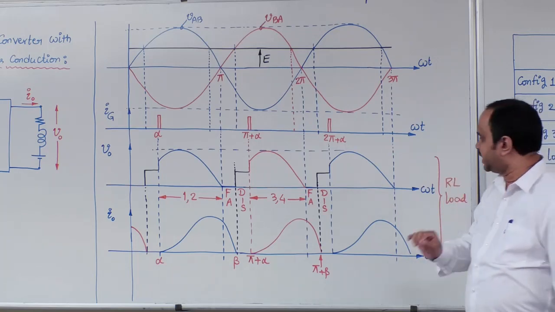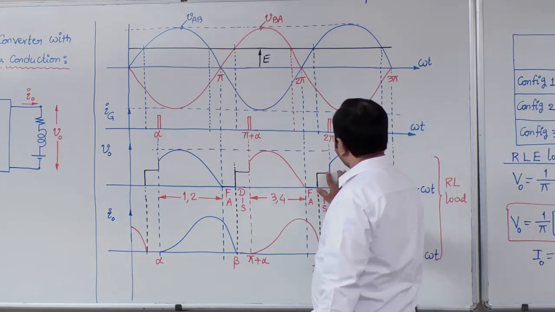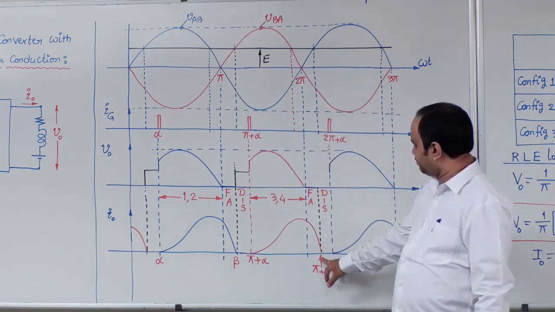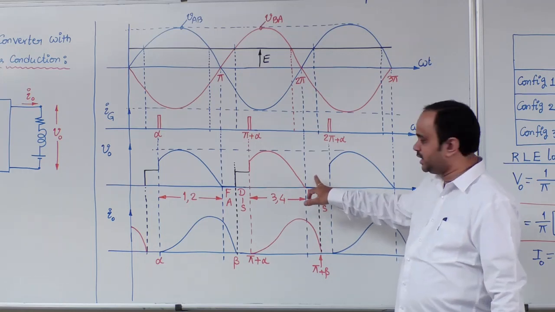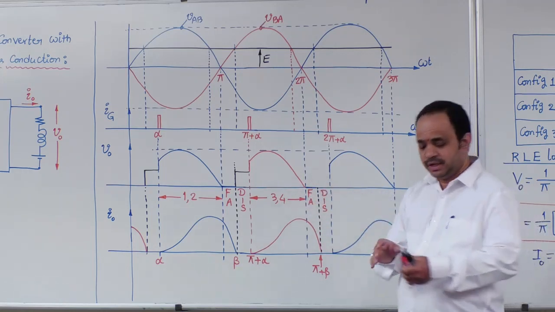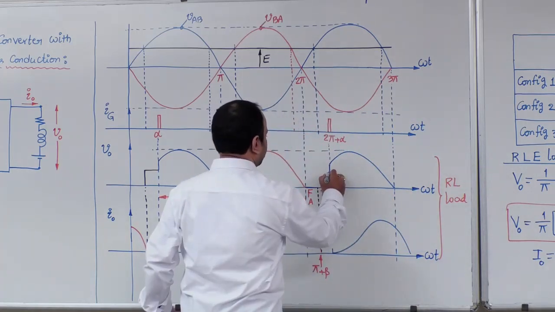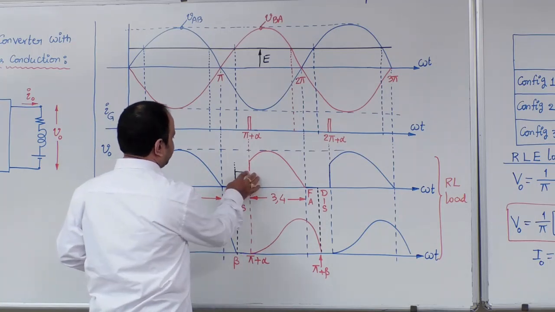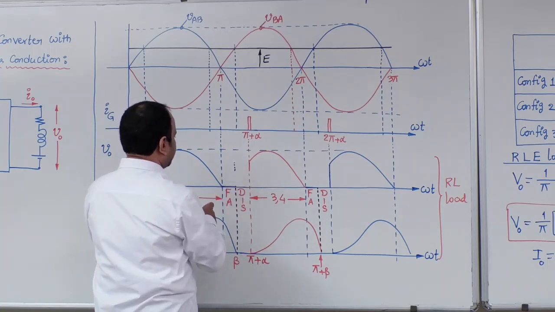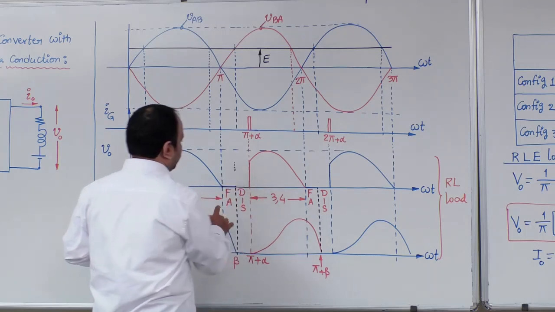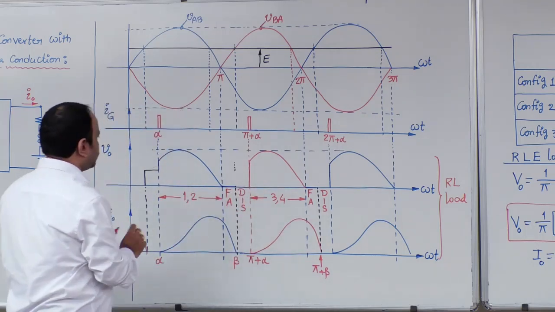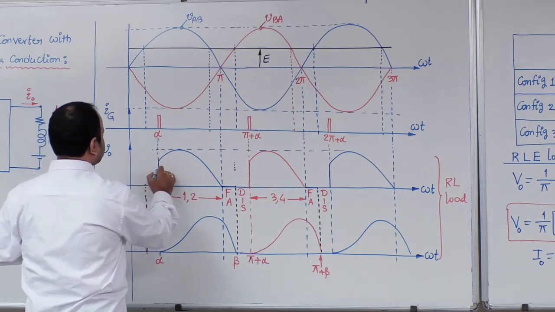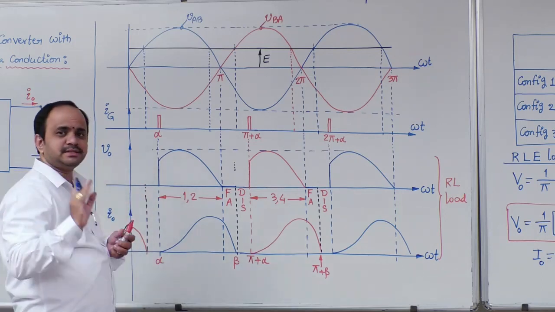The only difference is during the discontinuity, beta to pi plus alpha, the output voltage is simply 0. It does not have any EMF term. There is no EMF in the load side, so during the discontinuous interval the output voltage is 0.